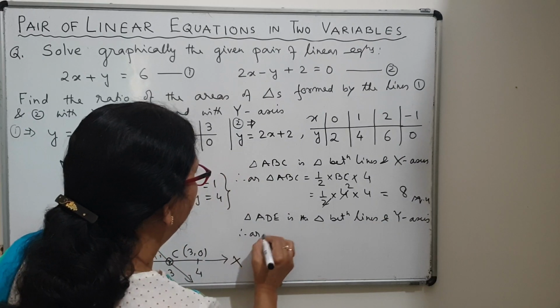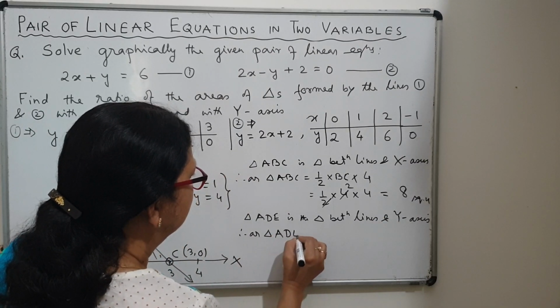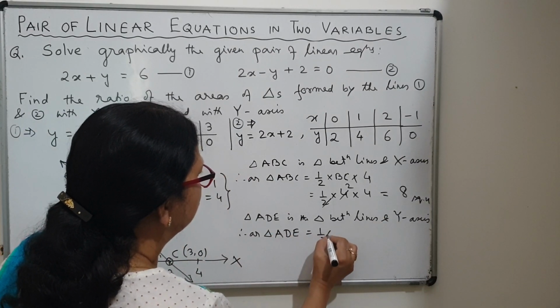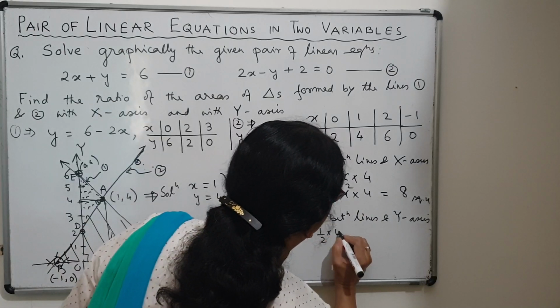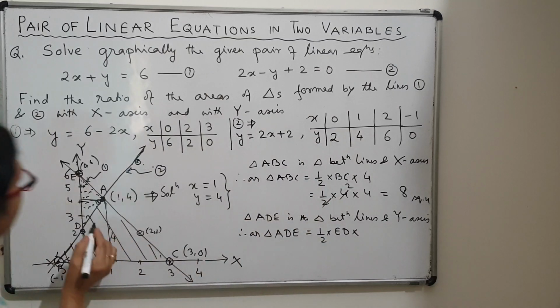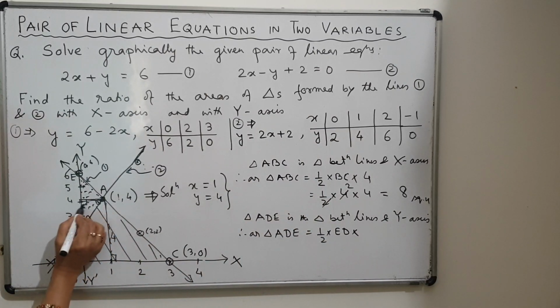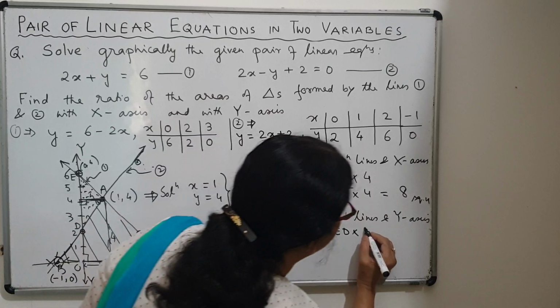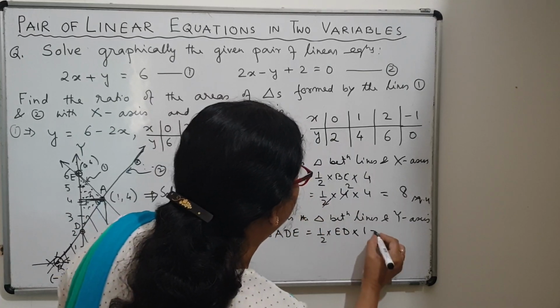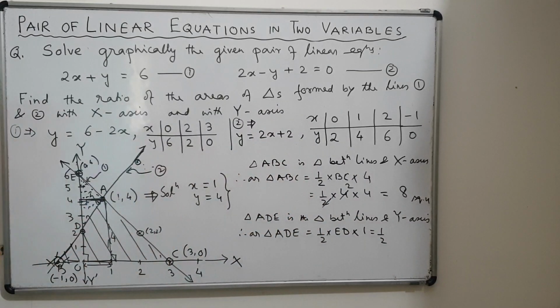So area of triangle ADE is half base, say ED is the base, into this is the altitude H, is 1 unit, so 1.